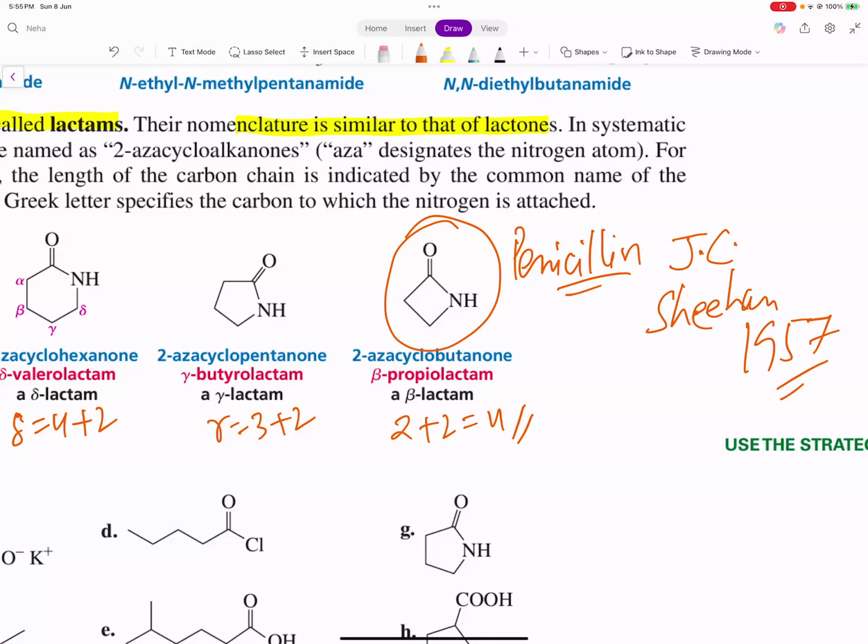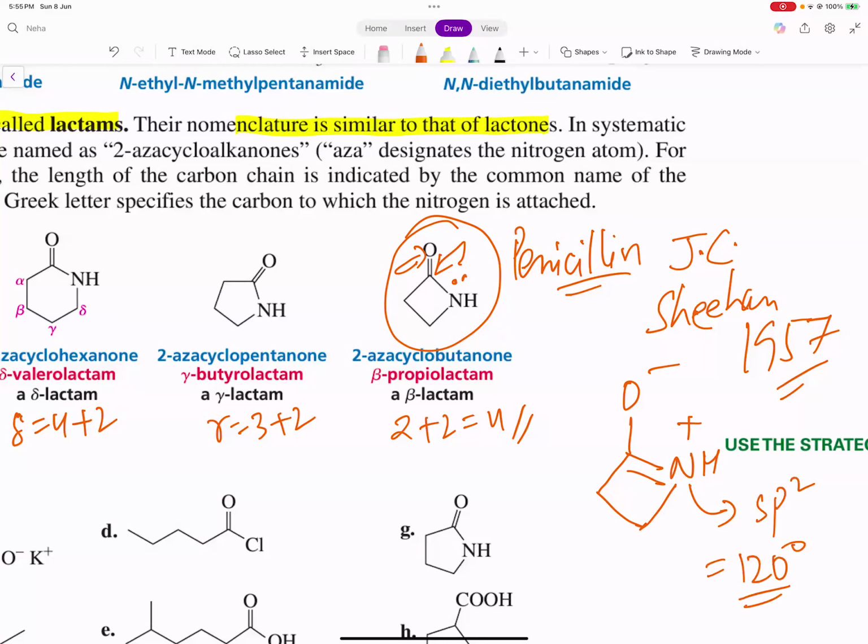If I draw this resonance, see what is going to happen. N is double bonded, O minus, right? So this nitrogen has become sp2 hybridized. So I want a 120-degree bond angle.